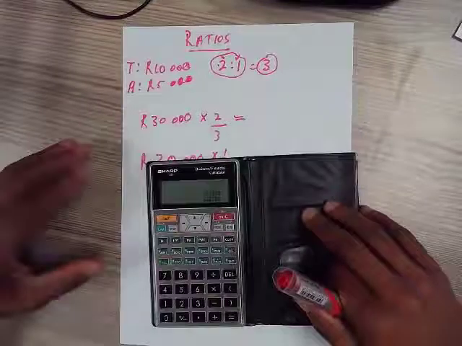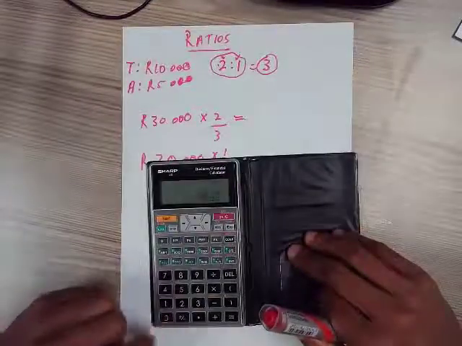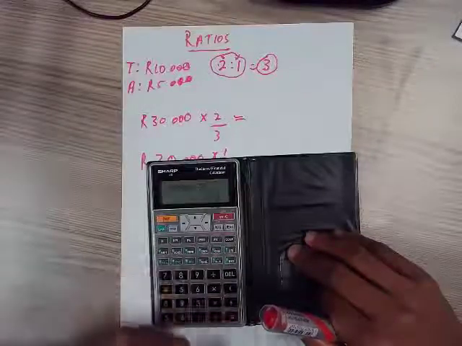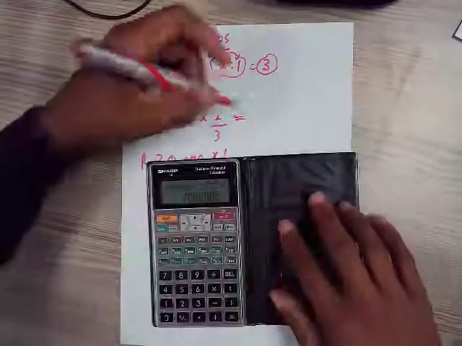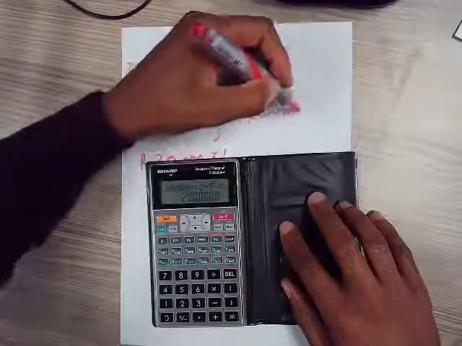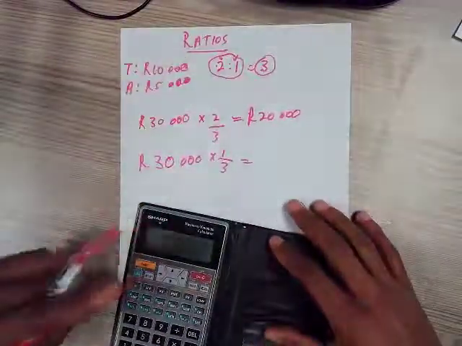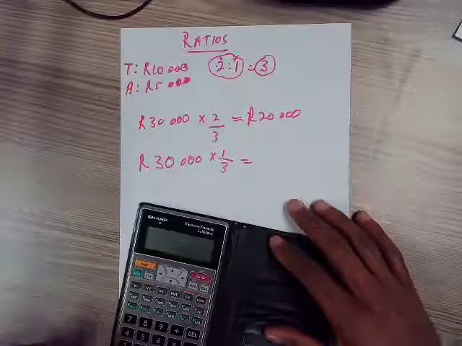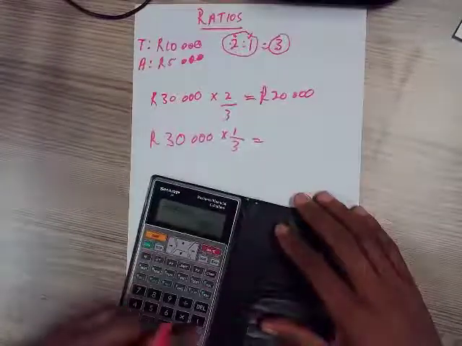So let's just calculate it, using a calculator just to show you. 30,000 multiplied by 2/3, in brackets. That's my 20,000 there. And similarly 30,000 times 1/3.